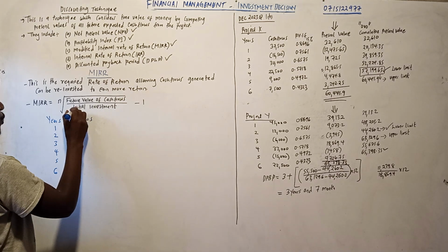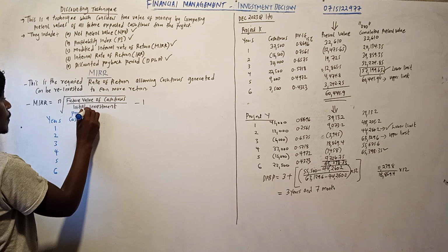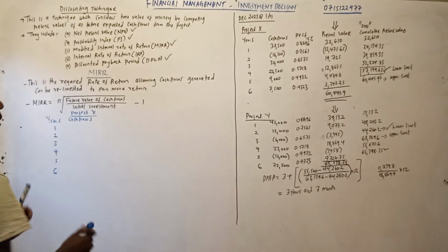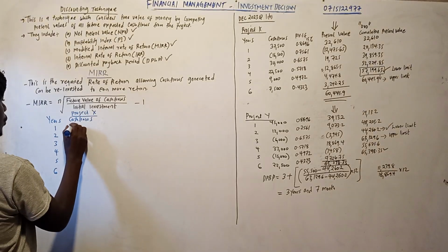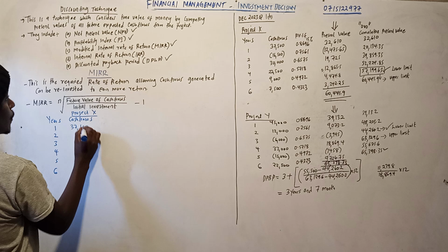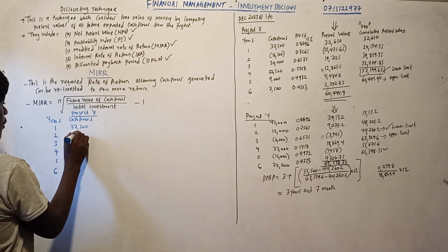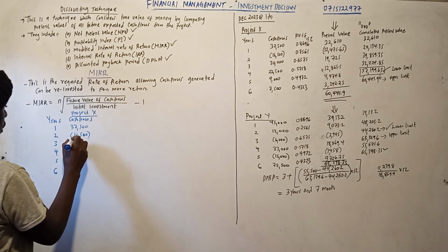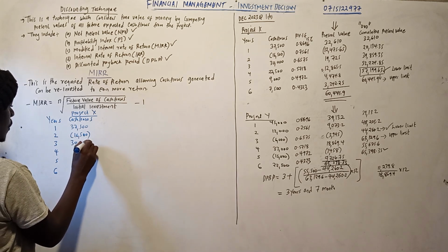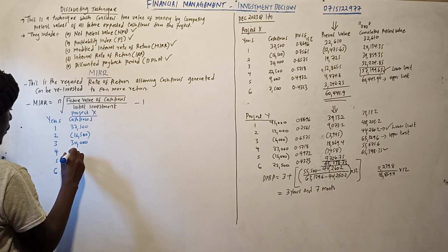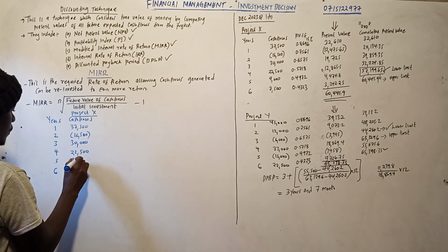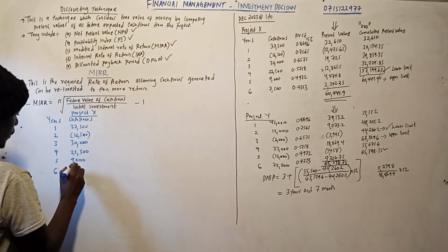I'm doing project X. You guys do project Y because itachukua muda mrefu. So 37,500, 16,500, 30,000, 30,000, 22,500, 9,000, 9,000 and 7,500.